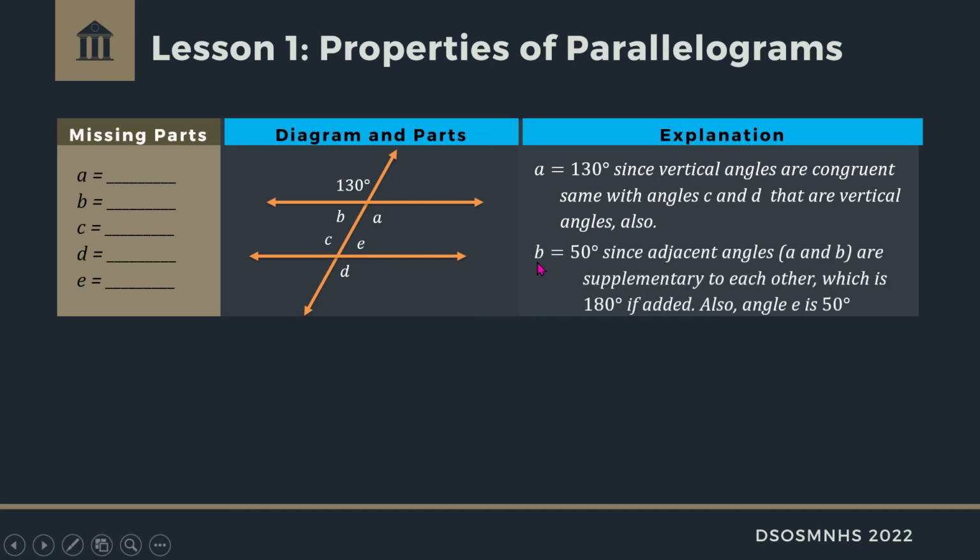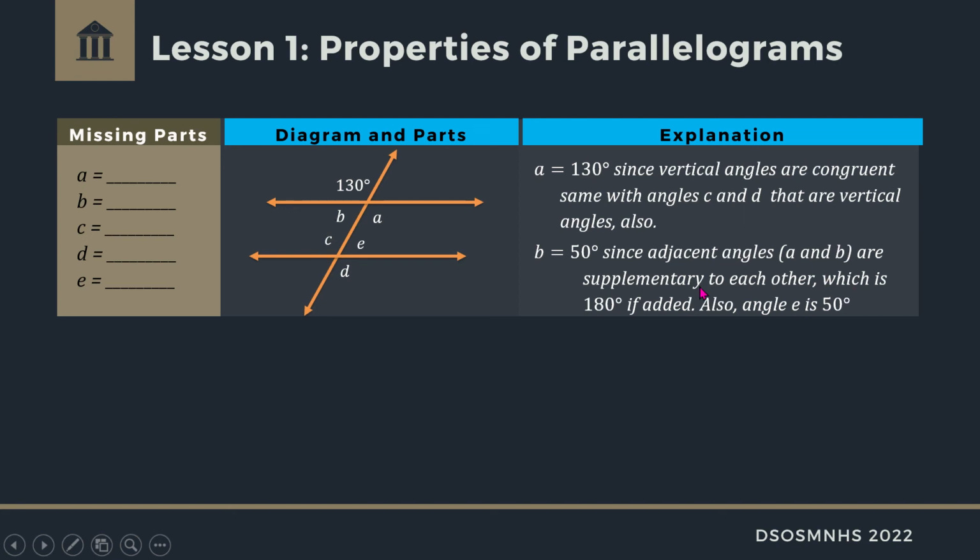Next, angle B is 50 degrees since adjacent angles, side by side, A and B. A and B are adjacent. Then since adjacent angles are supplementary to each other, supplementary angles are two angles that, when added, the result is 180 degrees.